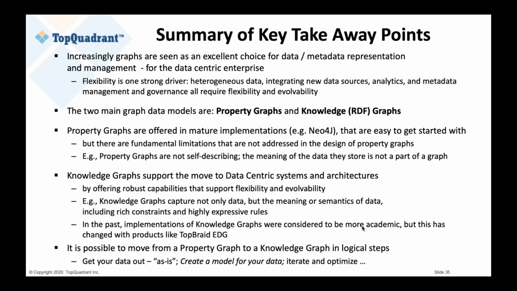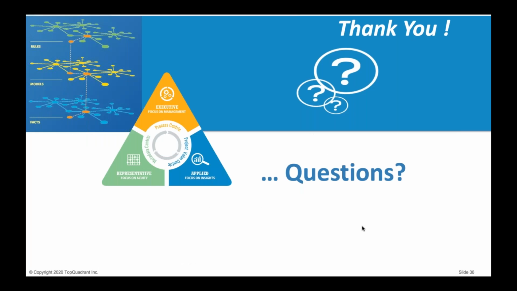They're pretty mature and robust systems that have been in production for a very long time and power important applications. And it's possible to move from property graphs to knowledge graphs if you decide to do so. We've provided some pointers on the approach you may want to take.